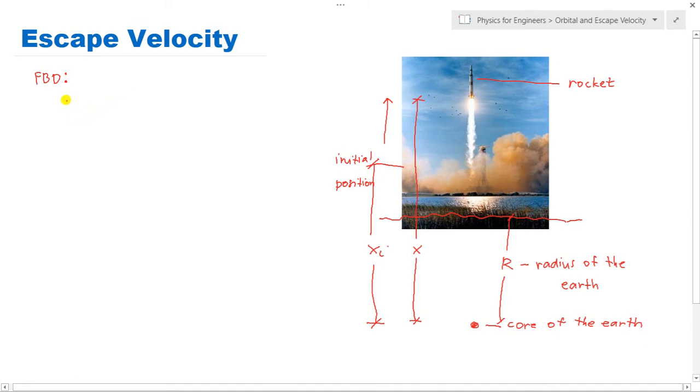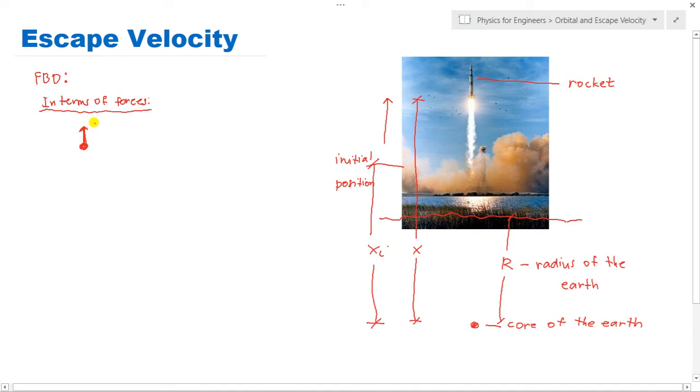Let's say this is in terms of the forces. So in terms of the forces nga nag-interact sa atong rocket. Suppose itong rocket is represented by this point. So unsa may nagpabira niya outward.